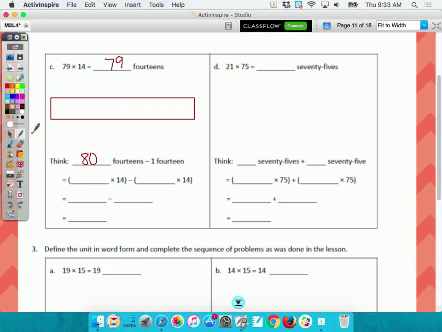So as I start my drawing, I'm going to think about a couple things. Number one, 14 is my unit because that's the number that's written in words, okay? Which number is larger, 79 or 80? 80. So which number goes on top? 80. 80 14s.